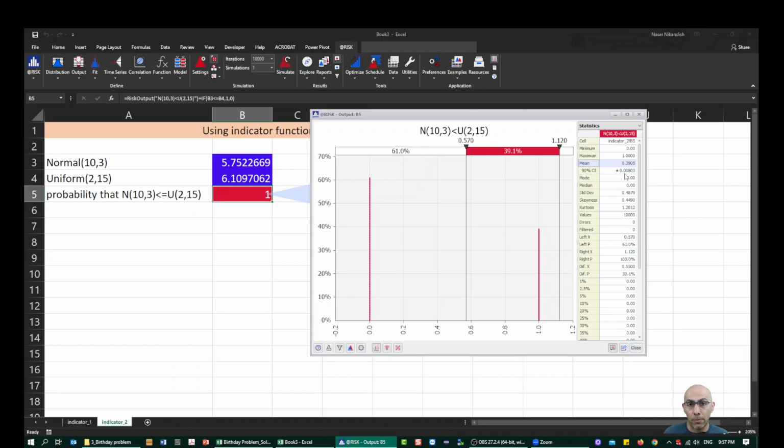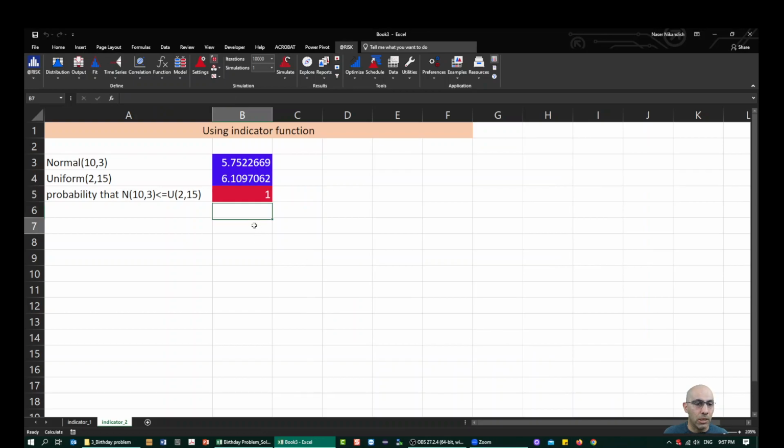I can get that probability using RiskMean as well. I'm going to get that 39.1, which is a rounded number, using RiskMean. So technically the probability is equal to RiskMean of that cell, and that is going to be 39.1.